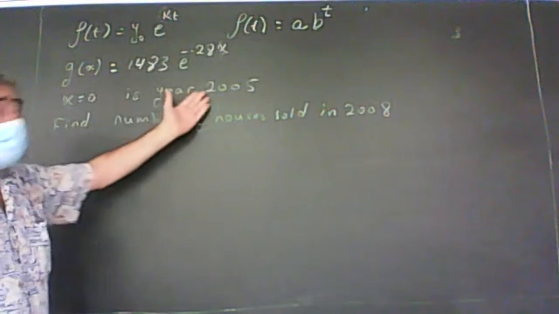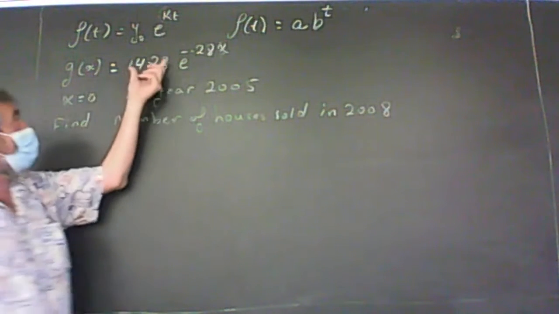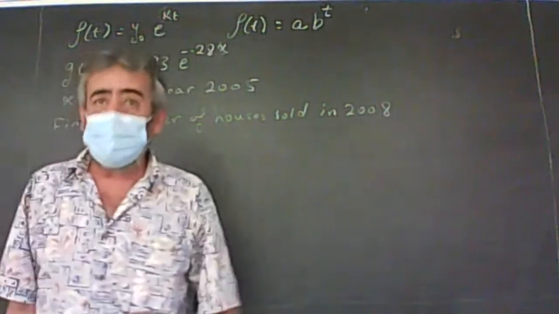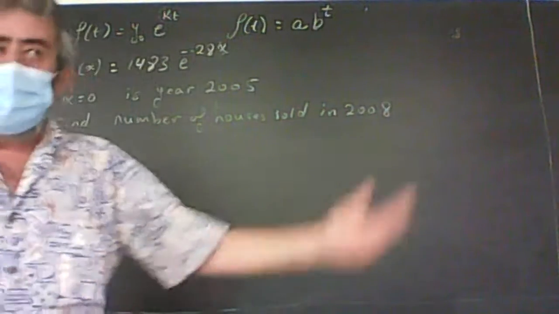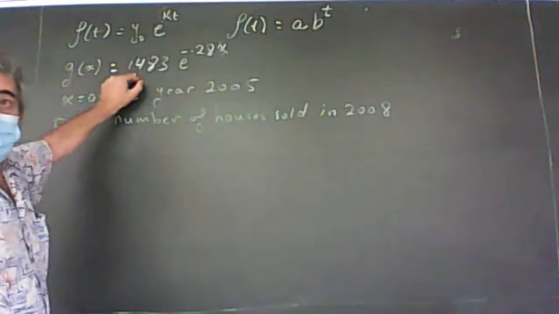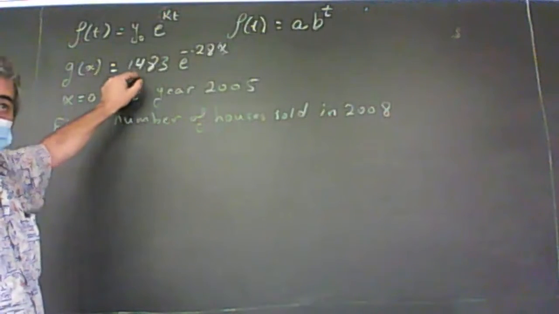So if 2005 is when x equals 0, then this value represents houses being sold. That means the number of houses sold in 2005 is 1483. Clear?